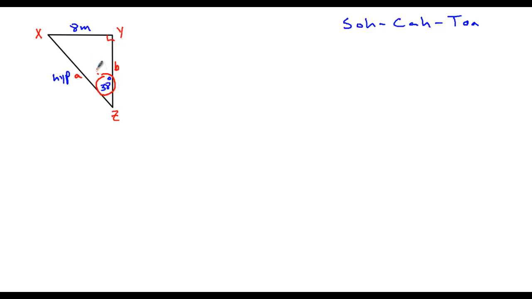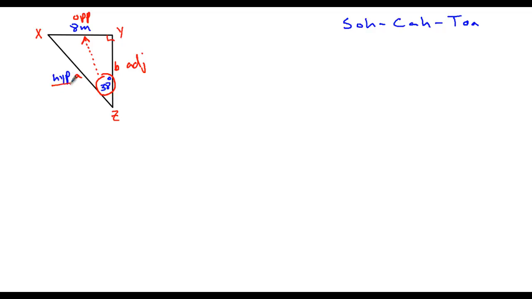Because with this 38, the 8 becomes the opposite, and side B is the adjacent. So now I know all my sides, at least I know how they relate to this 38-degree angle. So I'm going to find A, the hypotenuse.